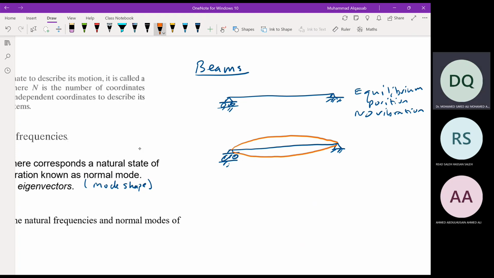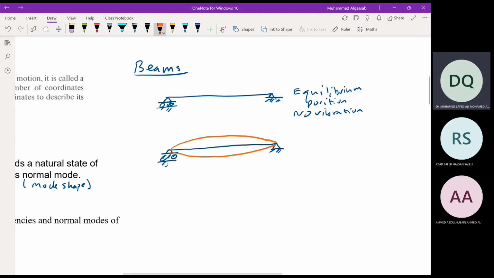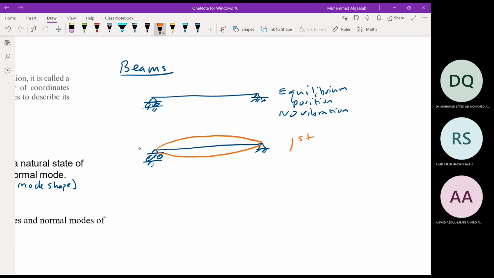I mean, it will vibrate between above and below the equilibrium line. This is called first mode. First mode shape or first normal mode, in which, as you can see, all the points on the beam are vibrating above and below the equilibrium line. Okay, and this occurs at omega 1. Omega 1 is the natural frequency.